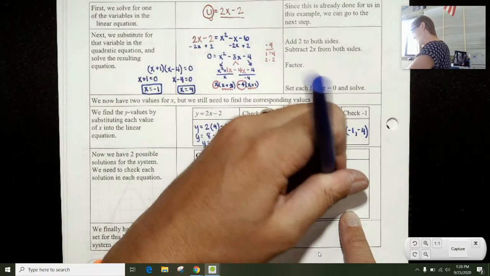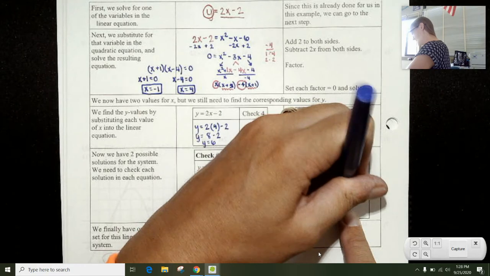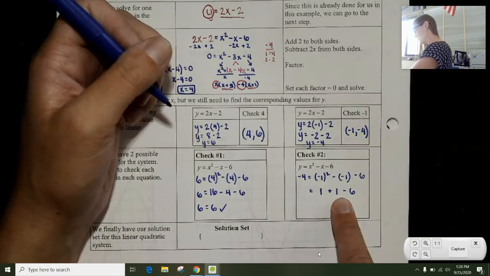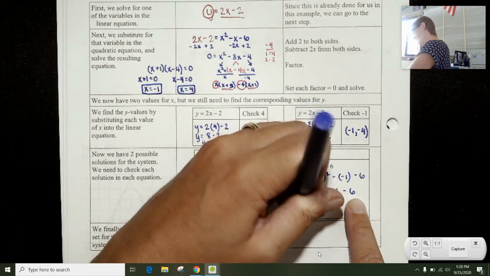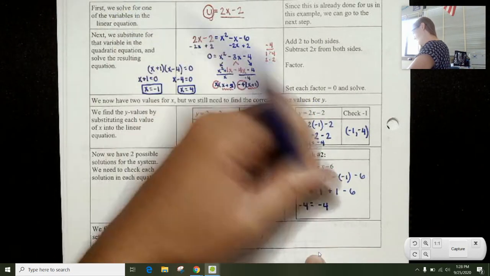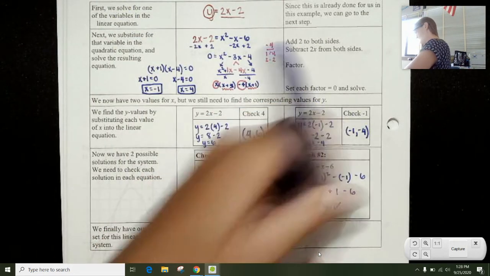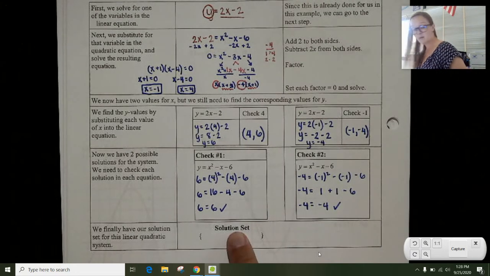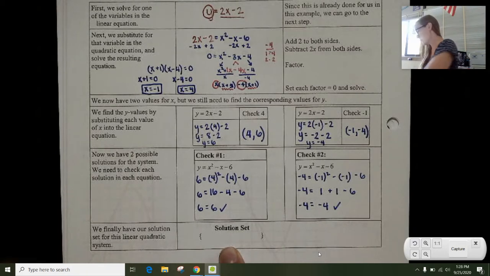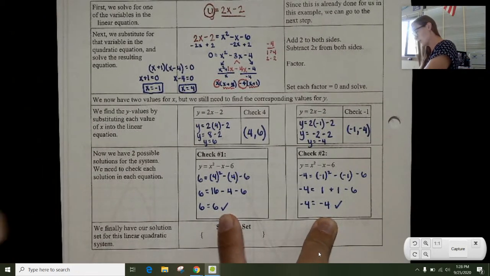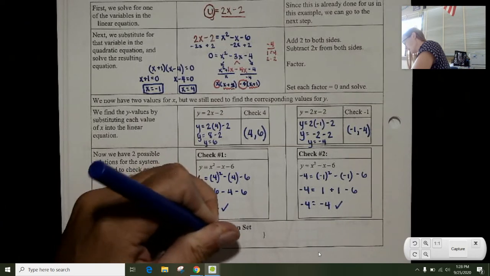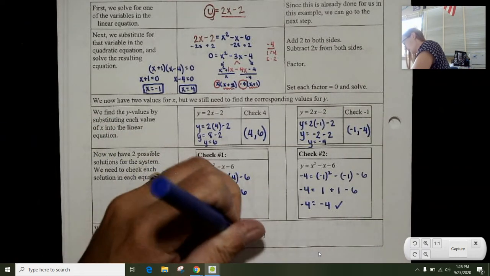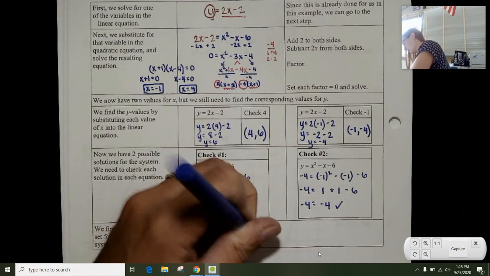Minus -1 makes for +1, minus 6. 1 plus 1 is 2, minus 6 is -4. -4 equals -4. So when I write out my solution set, I write both ordered pairs. So since both of them checked out, both of them work, my solution set is 4 comma 6 and -1 comma -4.